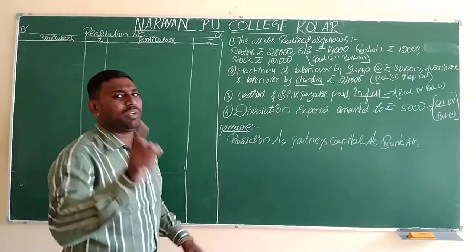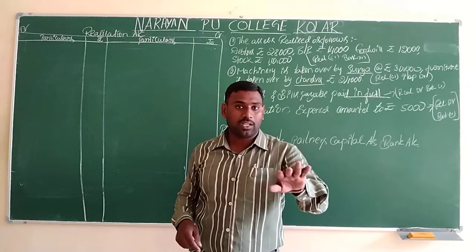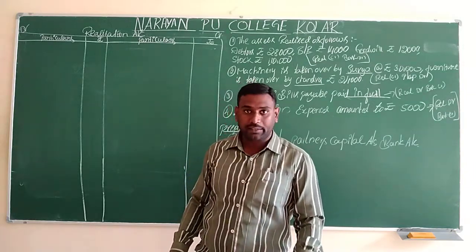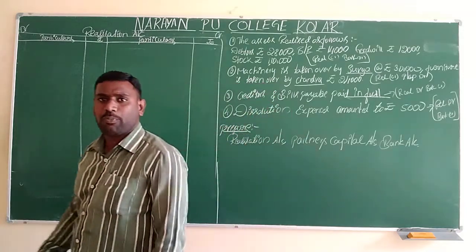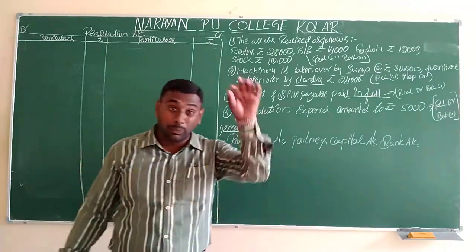So step number 1: we have to follow all the steps. If any step is not given, we should ignore it. For the remaining steps that are given, we have to continue. Step number 1, what it says in the pro forma, in the format: to realizable assets at book value.